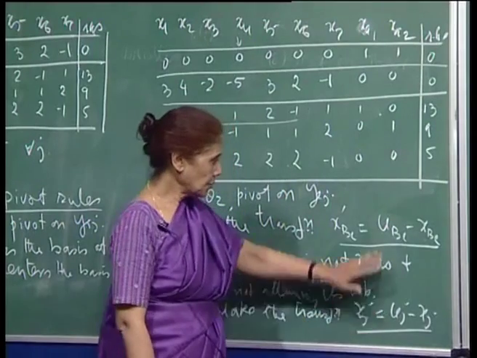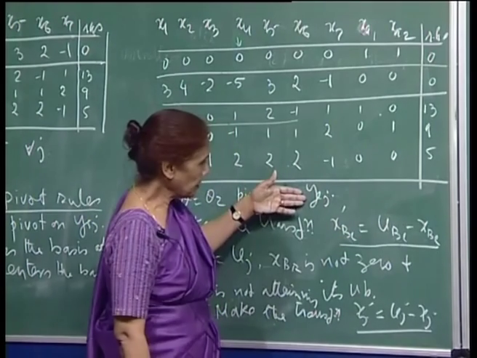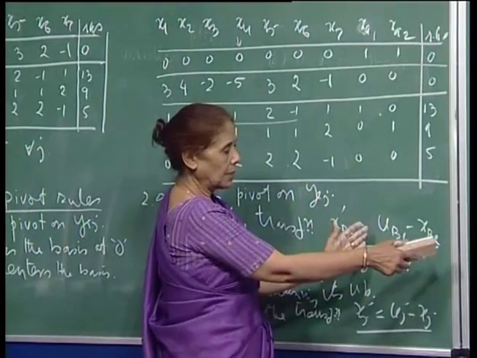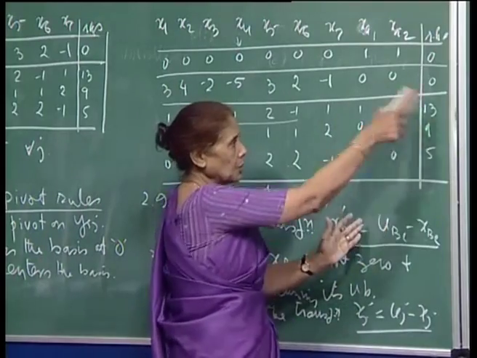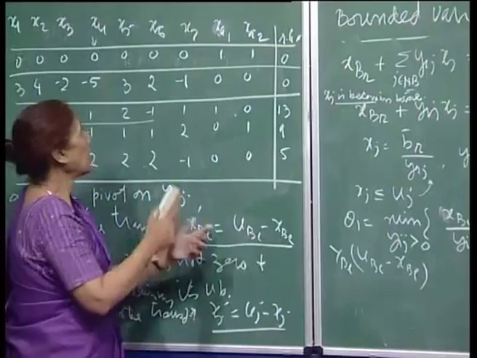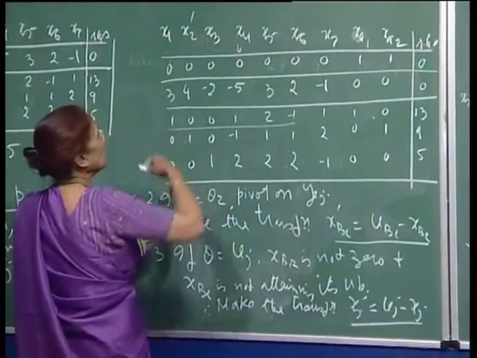So, this is the change. Whenever you make these two transformations, in this case we do the pivoting, then we transform the current y column times ubl to the right hand side and multiply it by a minus sign.